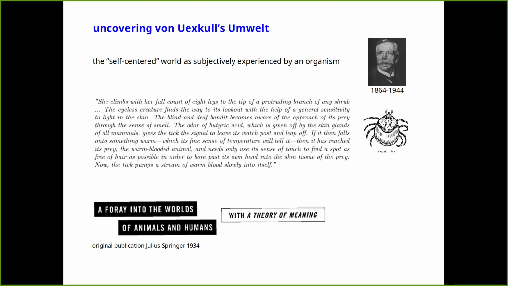the early cognitive scientist Jakob von Uexküll, who in the early part of the 20th century coined the idea of the Umwelt, which in German just means environment. But von Uexküll invested this with a very particular meaning, which is that it's the subjective experience of an organism to the world outside.